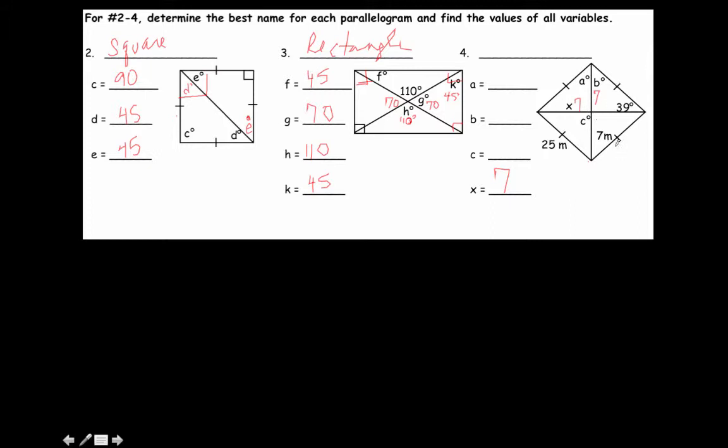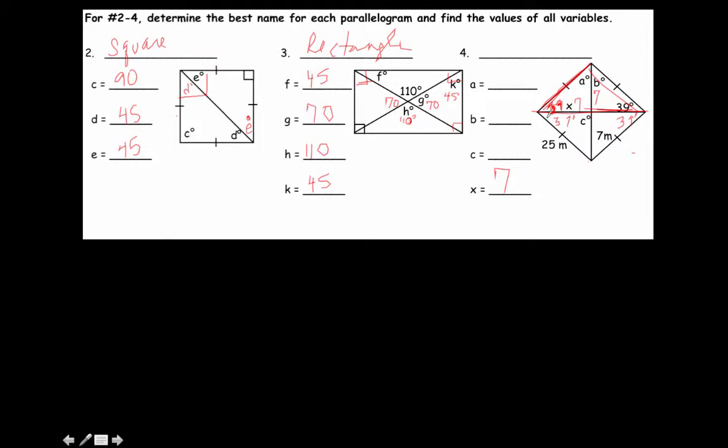C, because these are all the same, well, no, 39, B, this is isosceles if you take this entire triangle here. So if this is 39, then this is 39. And this is a parallelogram, so this is 39. And this is 39 because they're alternate interior angles.